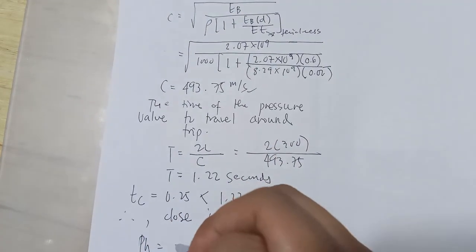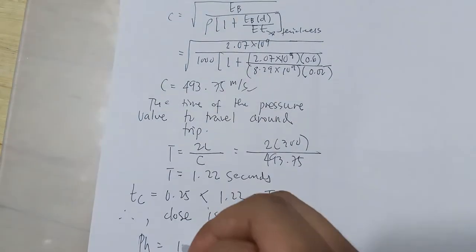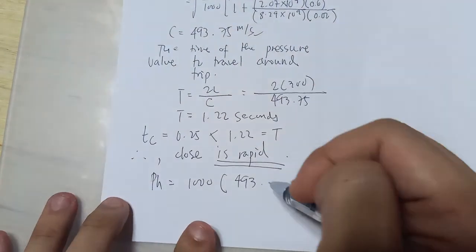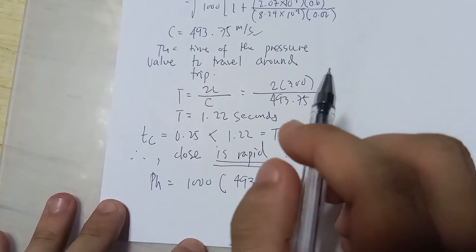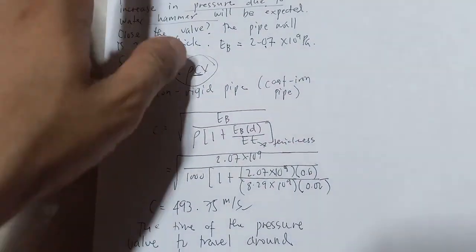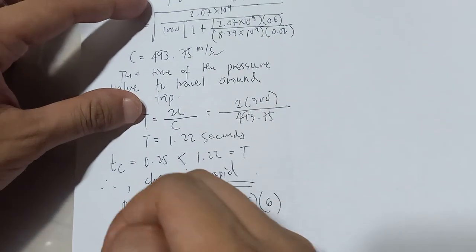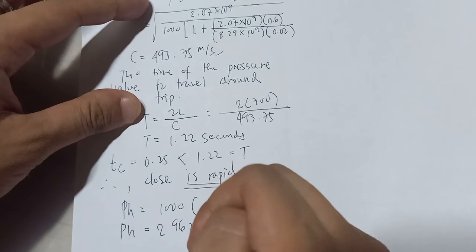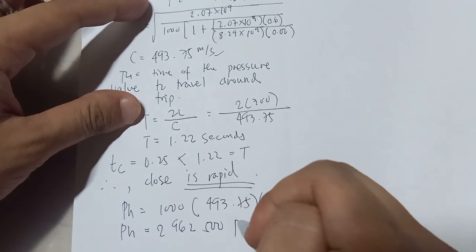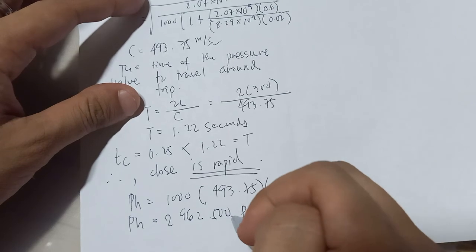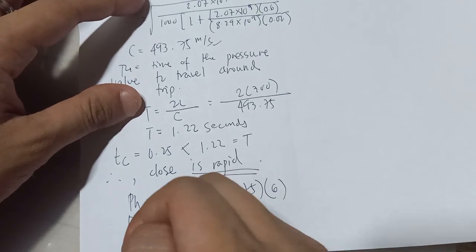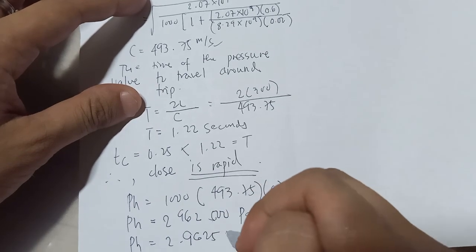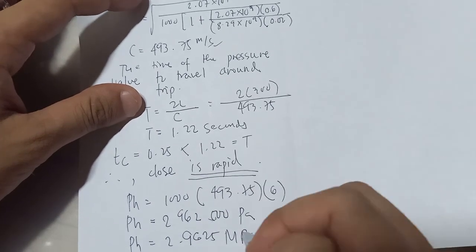So pH now is 1000 times celerity 493.75 times V, which is 6. So the answer is 2,962,500 Pascal, or pH is 2.9625 megapascal. So this is the answer.